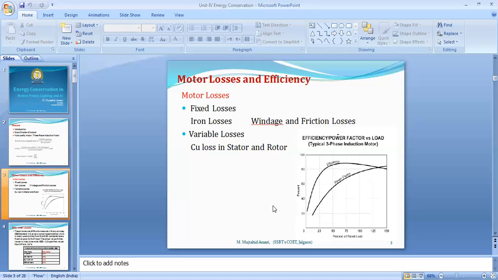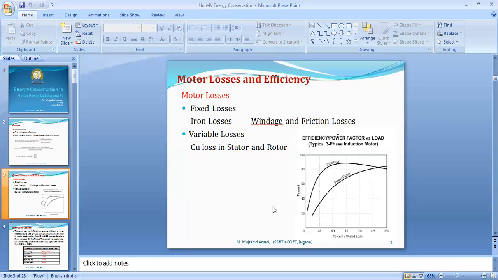As soon as we increase the load on the motor, it will draw more current from the supply, and the rotor current also increases. So the rotor current as well as the stator current is a function of load and depends upon the load condition, and it varies with the load, therefore it is called variable losses. It is quite simple, we have already learned it.